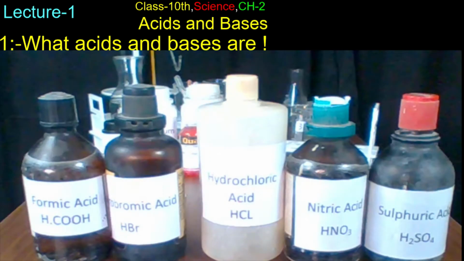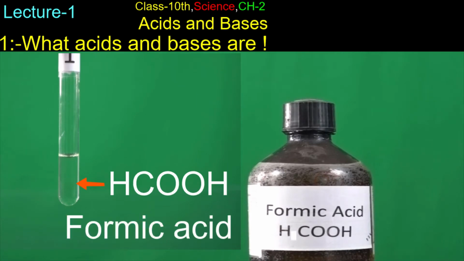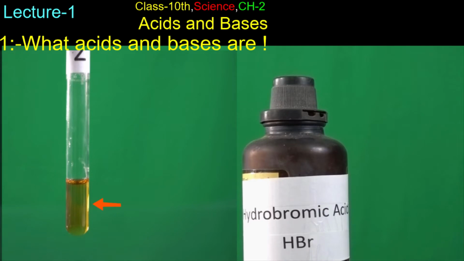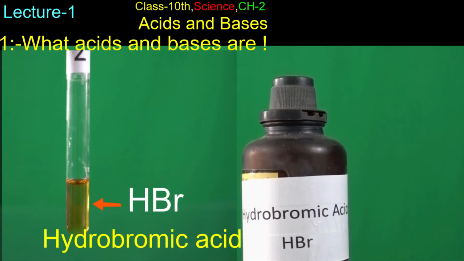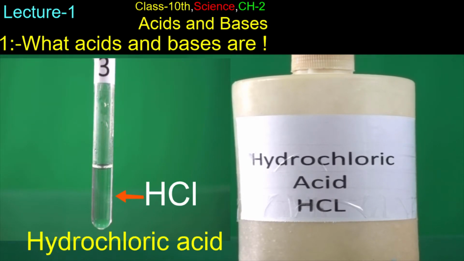Look at these compounds here. First, this is HCOOH, formic acid. Second, HBr or hydrobromic acid. Third, this is HCl, hydrochloric acid.